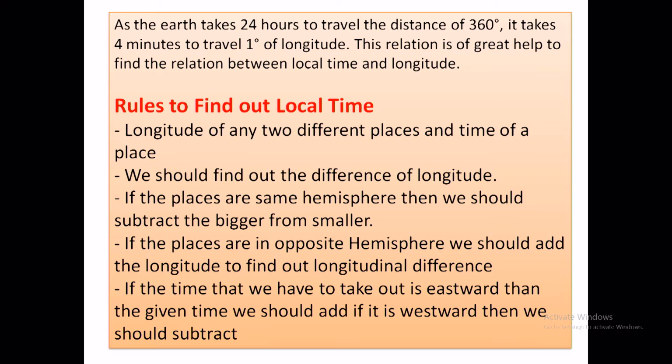If the places given to us are in the same hemisphere, at that time we have to subtract the smaller longitude from the bigger one for finding out the longitudinal difference. If the places are in opposite hemispheres or in opposite directions, at that time we have to add the longitudes for finding out the longitudinal difference.